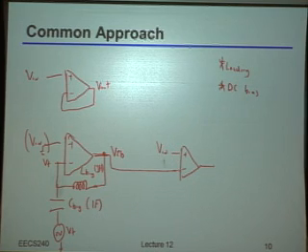So at least at DC, the positive side should be seeing the same thing as the real op-amp would have been seeing. But there is one node on this particular copy structure which unfortunately is not quite right. In other words, it will not necessarily behave exactly the same way as this one over here did. So which node is that?